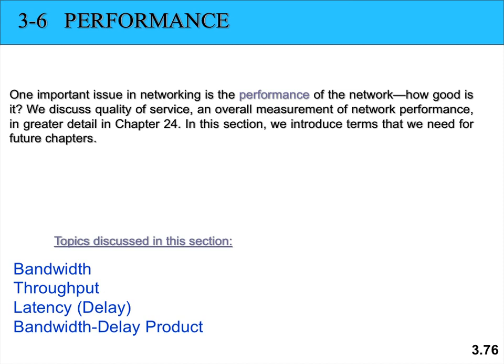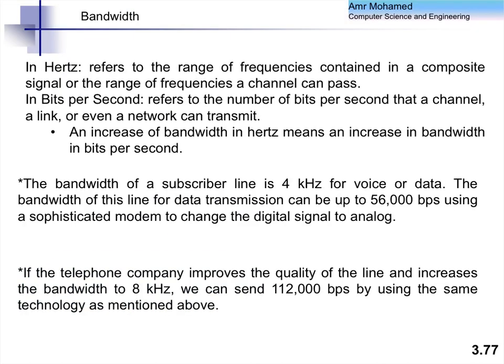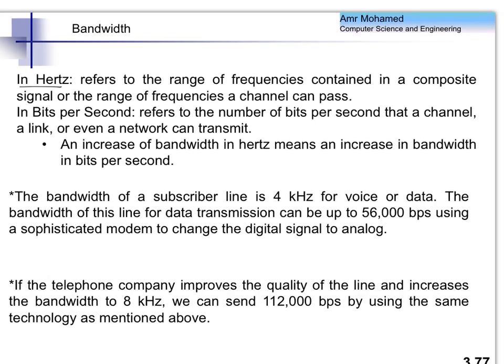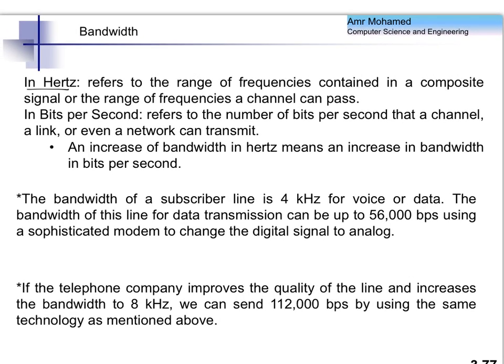And we need to also talk about the latency or the delay, and we need to talk about these performance metrics. So bandwidth in hertz is simply the range of frequencies between the maximum frequency and the lowest frequency for any composite signal. Okay, so we discussed that before.